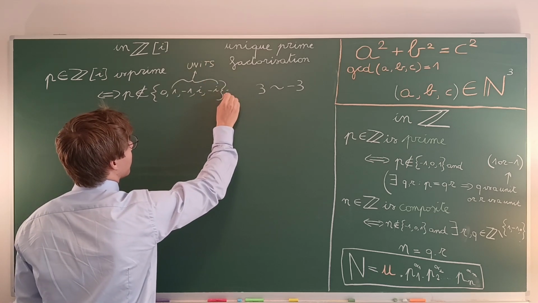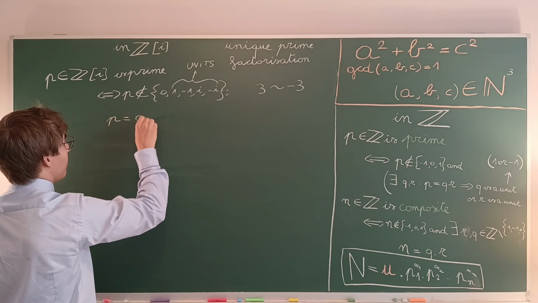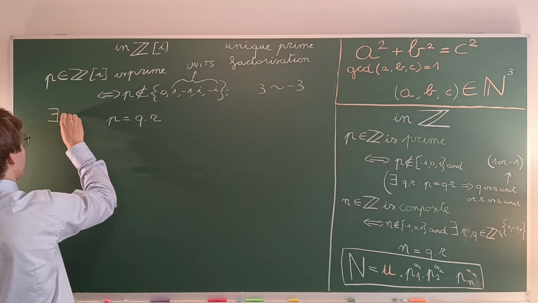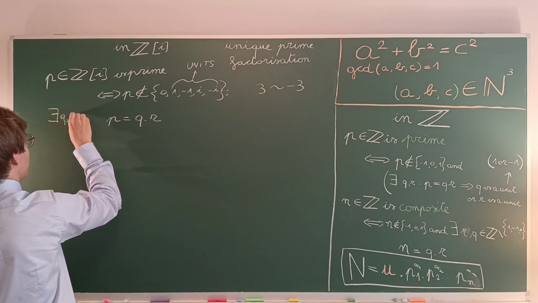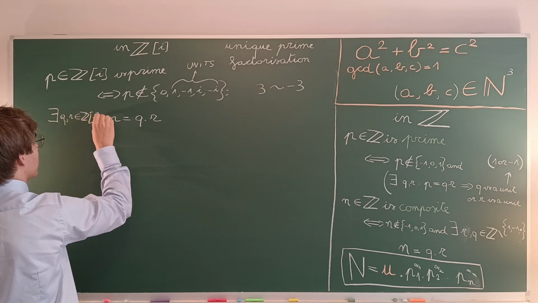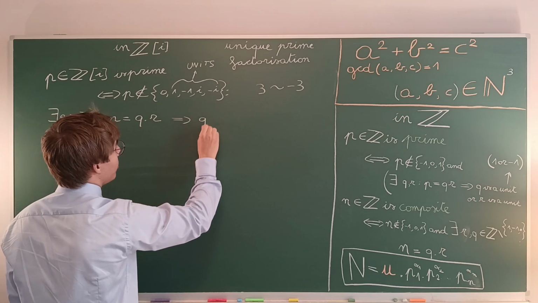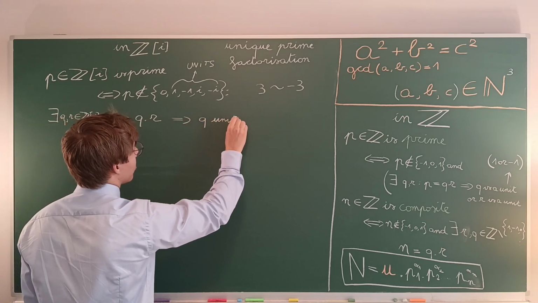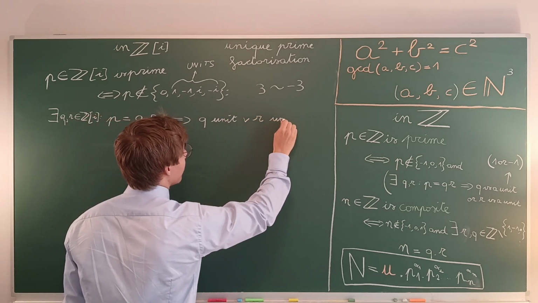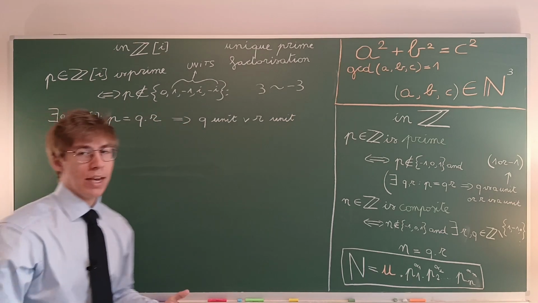Such that if p is equal to q times r, with q and r in the Gaussian integers, then q is a unit or r is a unit. So that's a prime in the Gaussian integers.